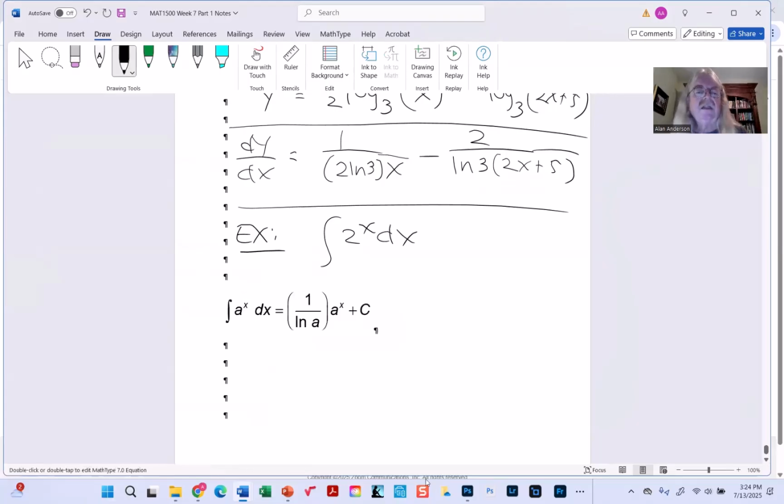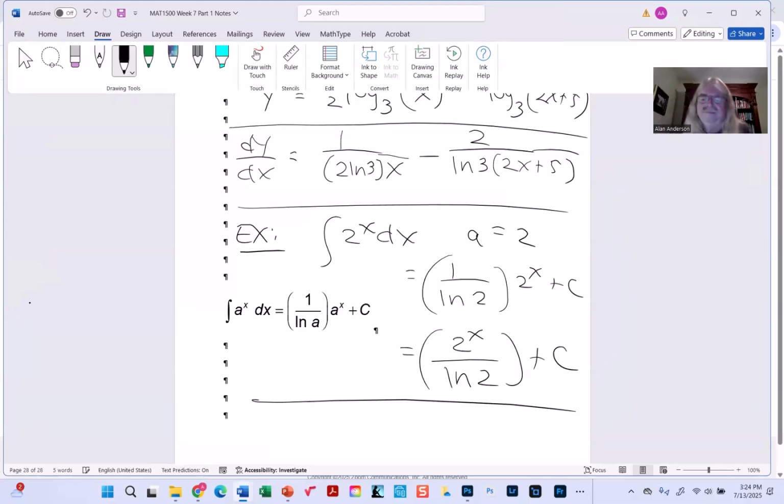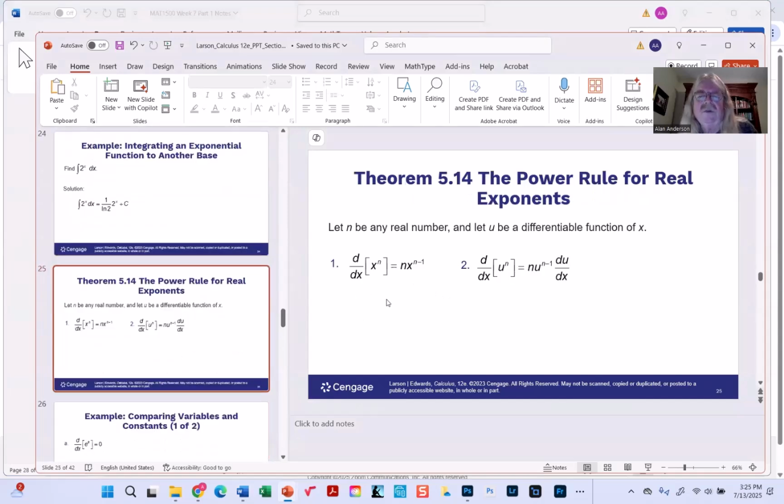And you can see that in this case, a is 2. We just end up with 1 over log 2 times 2 to the x plus c. Or here we write it, of course, as 2 to the x over log 2 plus c. All right, great. What other rules?